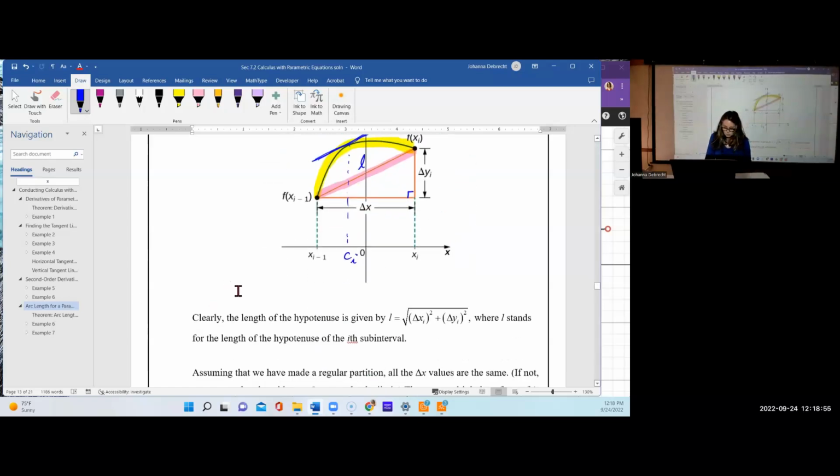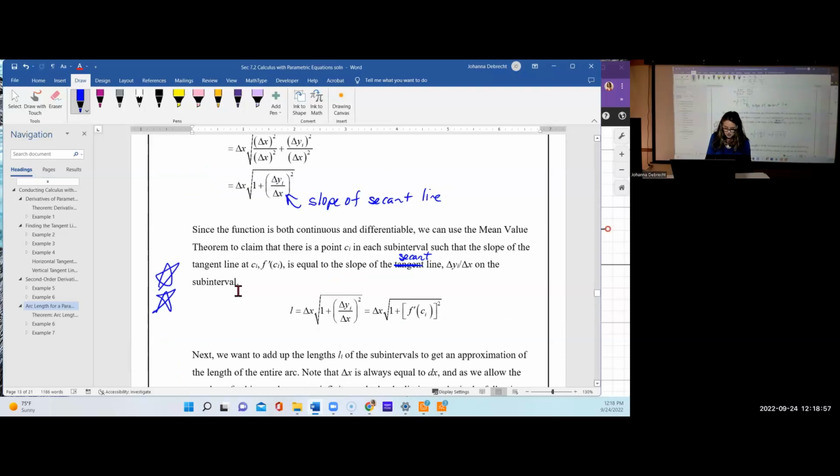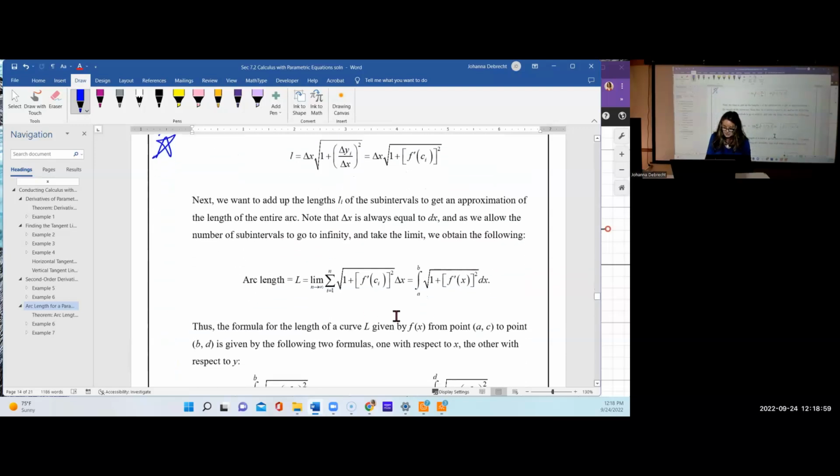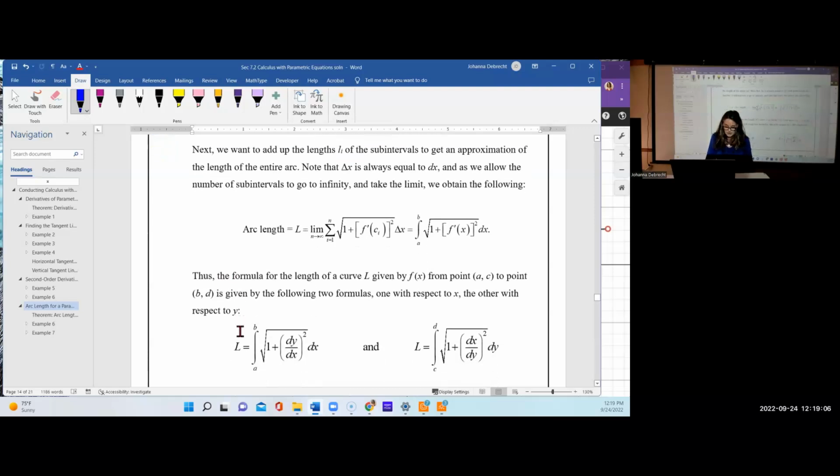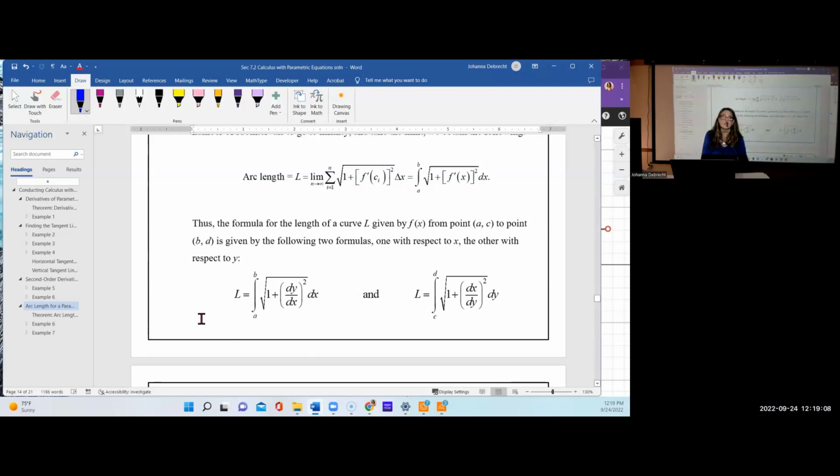So now we have our formula for the arc length. It is the integral from a to b of the square root of 1 plus the first derivative quantity squared dx. Now, this can be calculated with respect to either x or y.